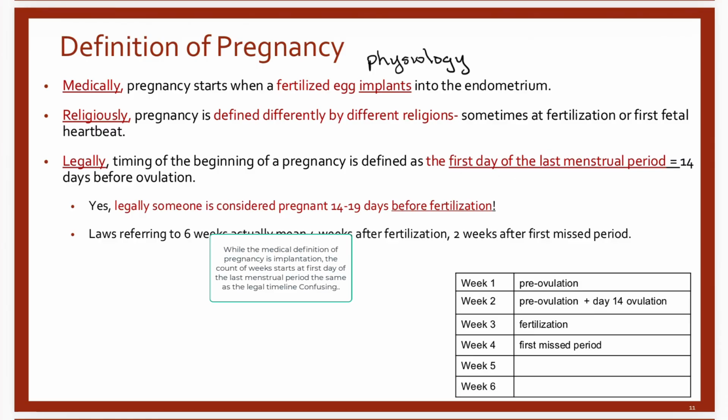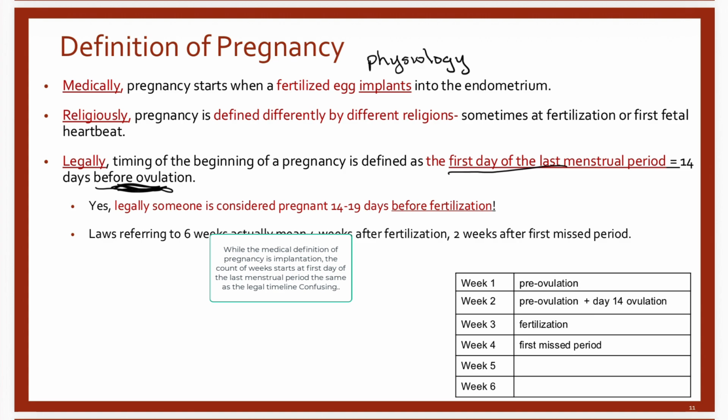So that means legally pregnancy begins 14 days before ovulation and 15, 16 days before fertilization. Obviously, physiologically, that's ridiculous. You can't have a pregnancy begin before you even ovulate, but that's legally how it's counted.